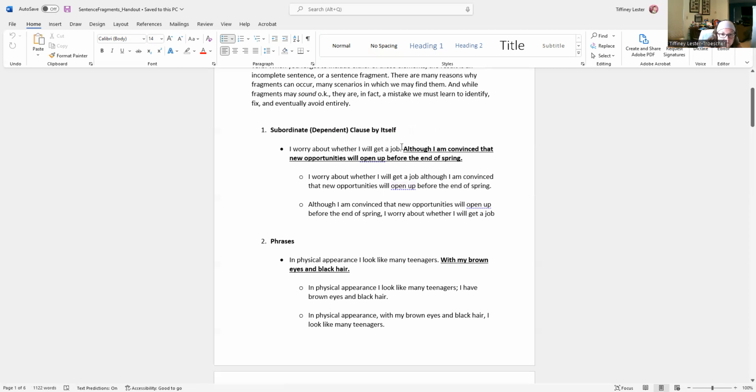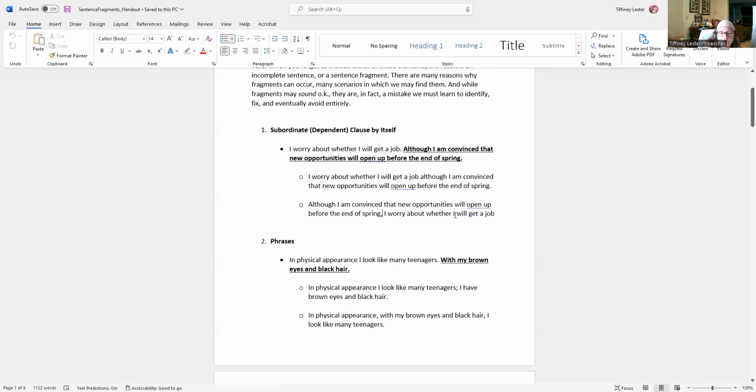Just take out that period and lowercase that a. Keep it together. You could switch the order, although if you already have it written this way, there's really no need to flip it, but you could. Although I am convinced that new opportunities will open up before the end of spring, comma, I worry about whether I will get a job.